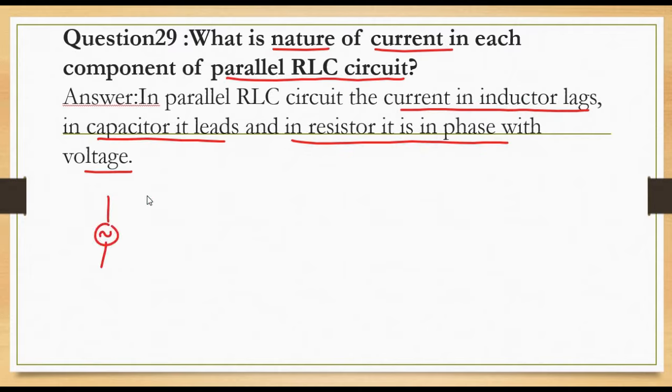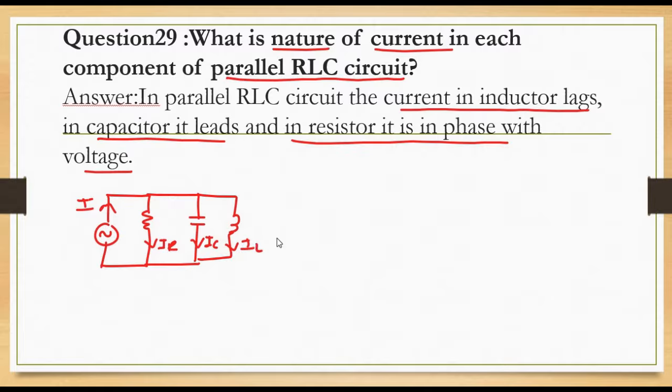Consider a parallel RLC circuit. This is our supply current I, this is current of resistor, this is current of capacitor, and this is current of inductor. Now voltage will remain the same in all three components.